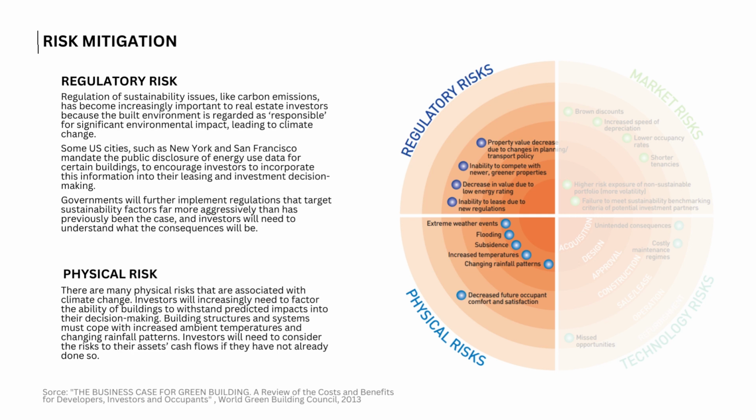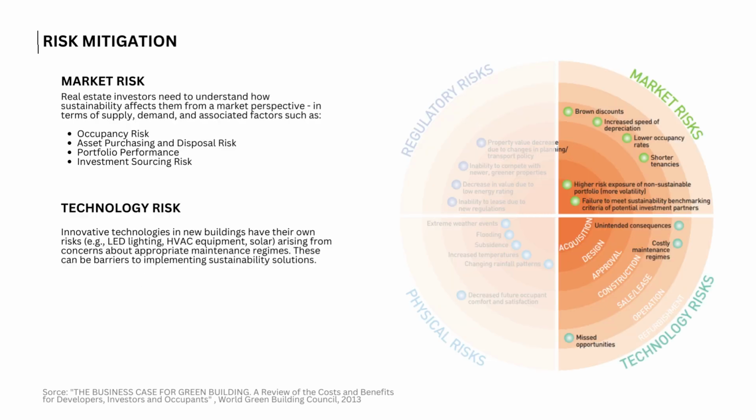Physical risk: there are many physical risks that are associated with climate change. So investors will increasingly need to factor the ability of buildings to withstand predicted impacts into their decision making.